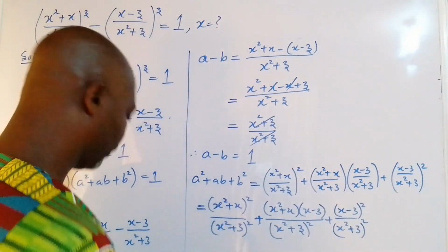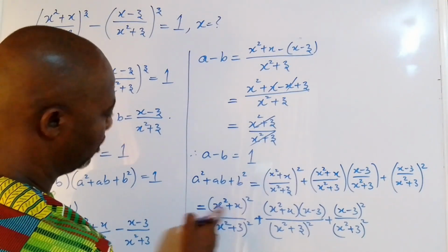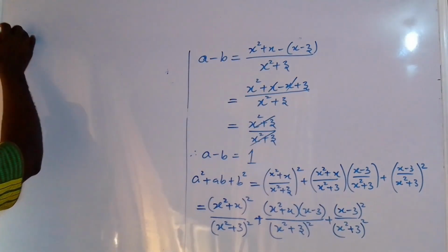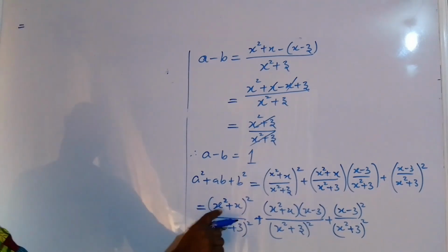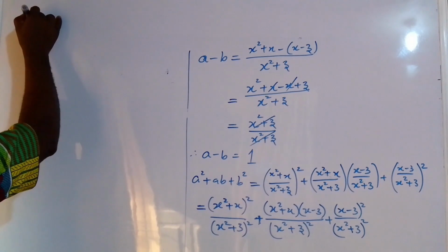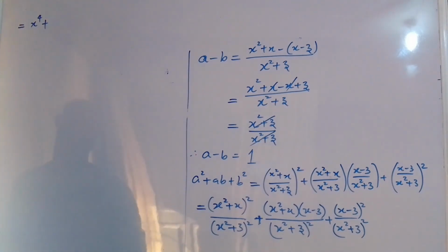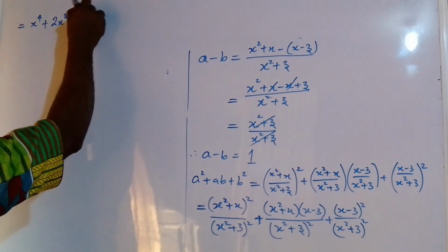Okay, so to further simplify that, once this is expanded, we are going to have x to the power of 4 plus 2x cubed plus x squared.